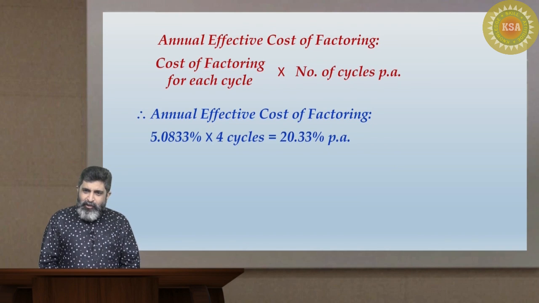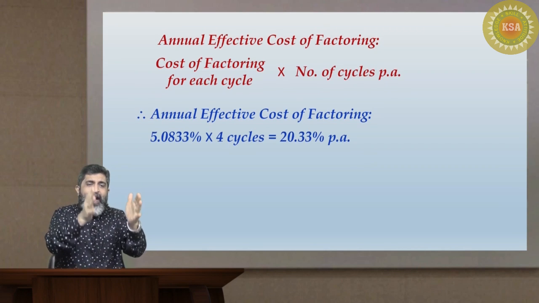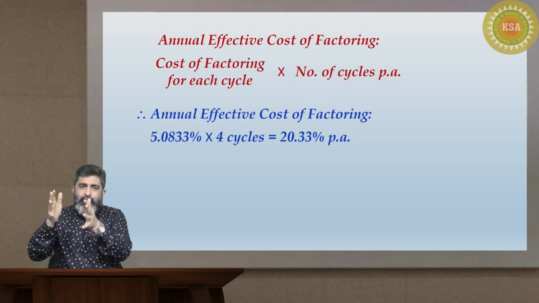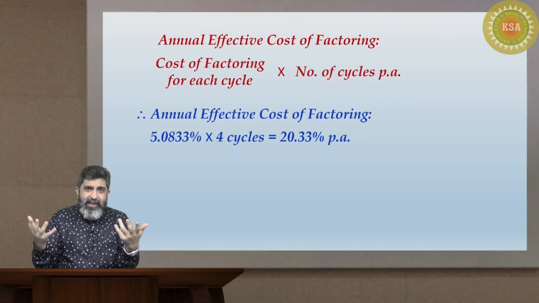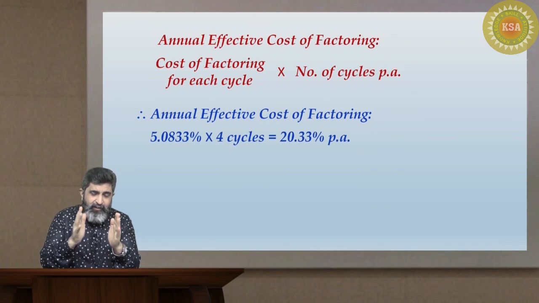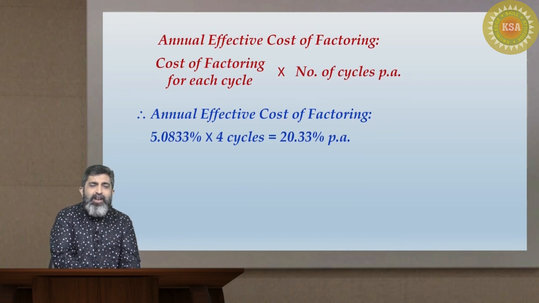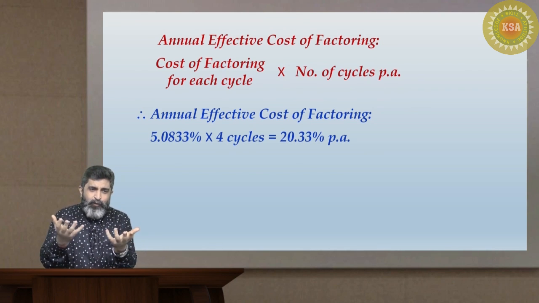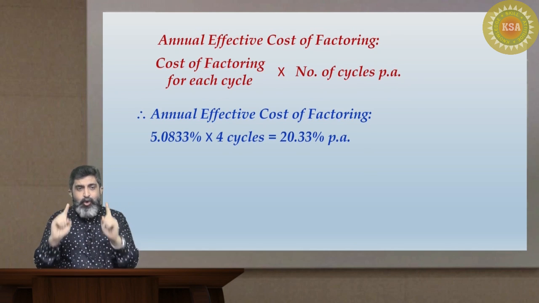So, if you agree with me on that, imagine a situation where we have two alternatives, that factor is also willing to advance, say at 18%, and bank is also willing to advance at 15%. Some people may get diverted into a wrong track, that by comparing rate of interest charged by the factor with the rate of interest charged by the bank, if you want to decide which will be a better alternative, you cannot do that ever.